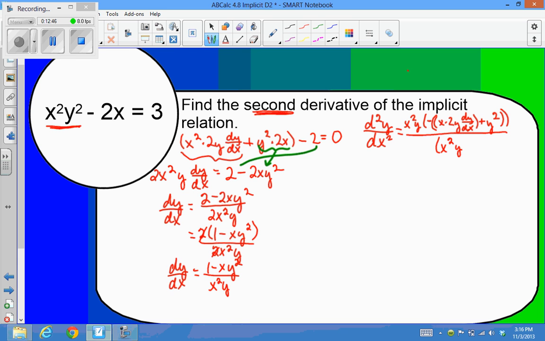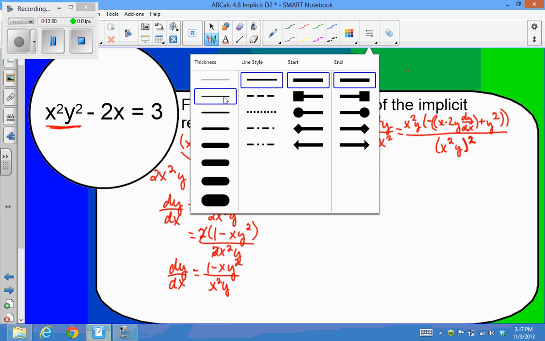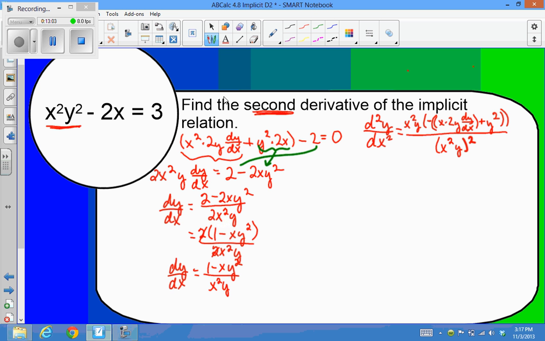Oh, time out. I have bottom times the derivative of the top. And we're over the bottom squared here, but don't forget, that's only the bottom times the derivative of the top, okay? Minus, I had to put it over the denominator there.